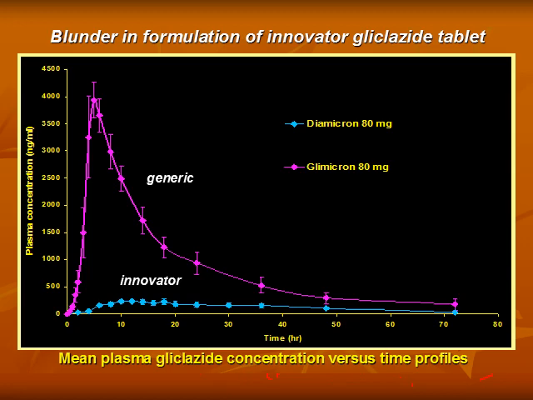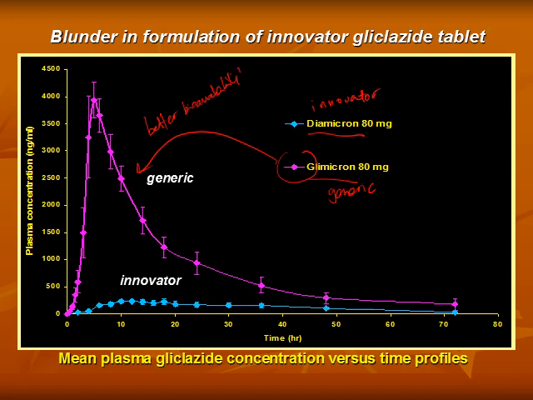This is one example of a generic, gliclazide, and Diamicron, the innovator, and the generic company. Even though the generic company achieved better bioavailability performance, they failed bioequivalence. So if I ask, can a generic formulation perform better than the innovator?